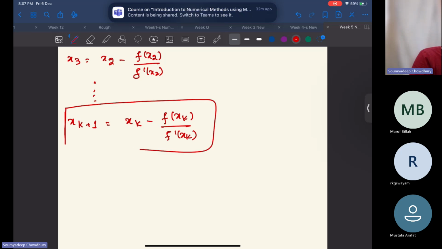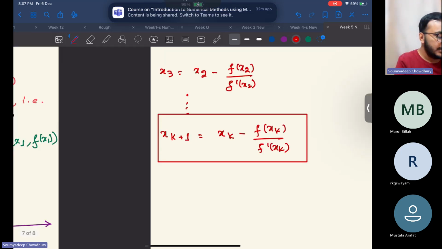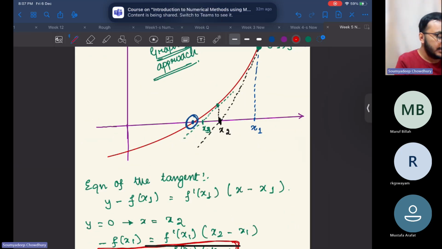So this is the generalized formula. Is it clear how this iterative method works? Yes, sir.